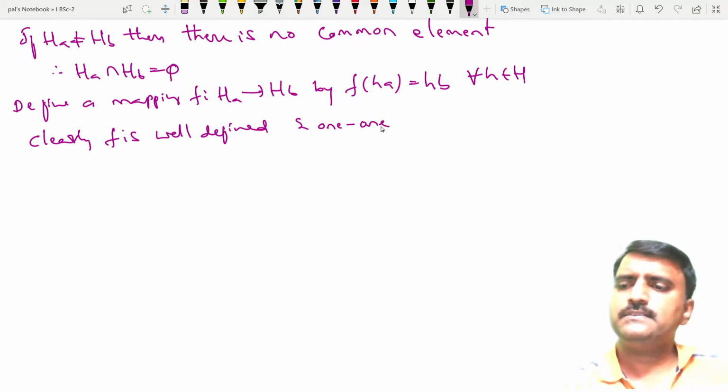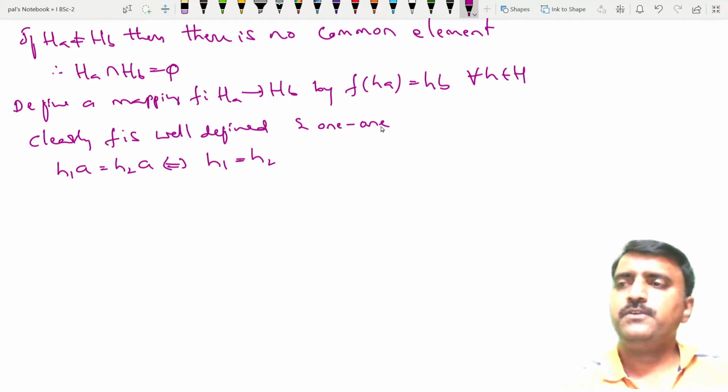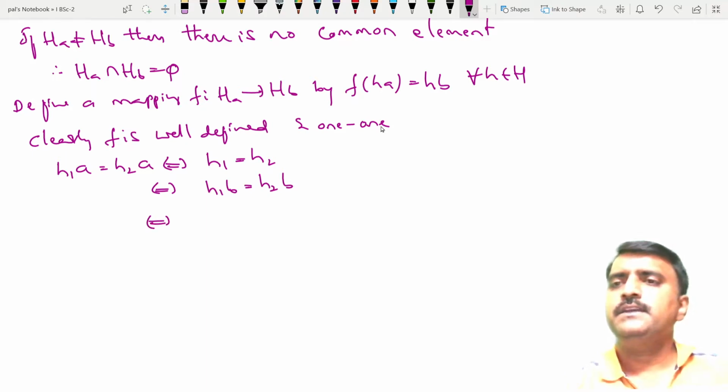Why is it one-one? Suppose we take h1a is equal to h2a. So what does it imply? It is possible only when h1 is equal to h2. So if h1 is equal to h2, then h1b is equal to h2b. So hb can be written as f of ha.